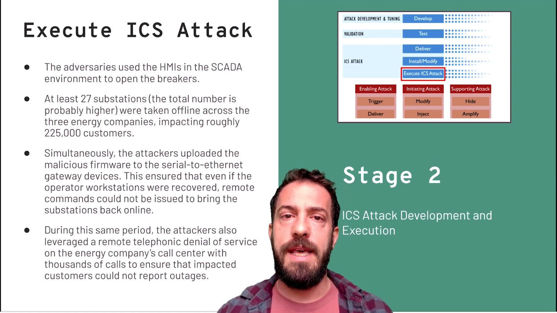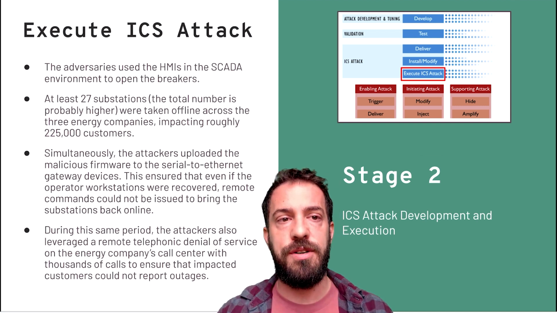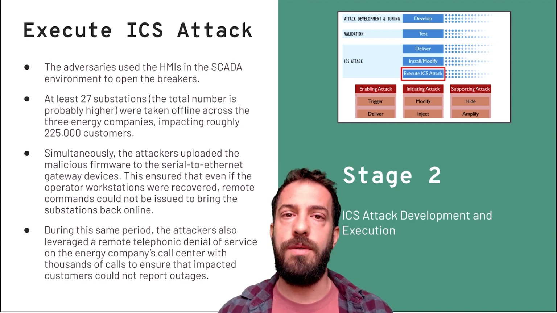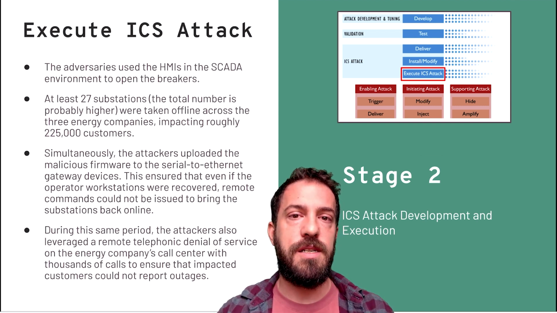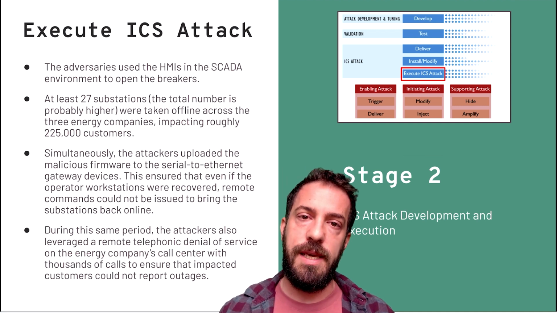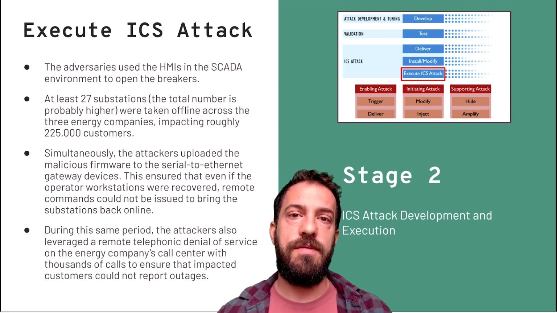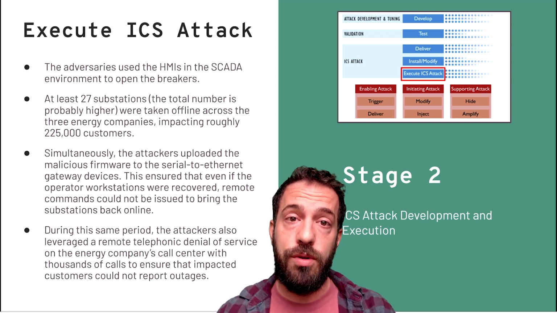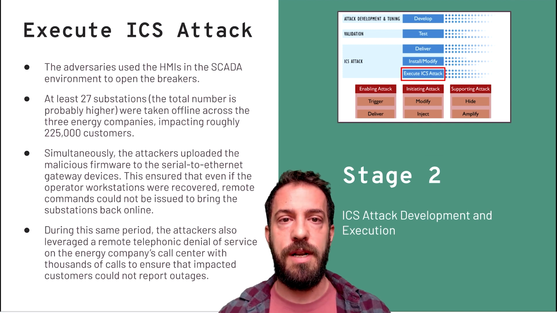But it could also be that the attackers just wanted to increase frustration of the customers, decrease confidence in the company and increase unrest within the country, within the regions, by limiting the opportunity for the customers to talk to the company, ask what happened and get some information about the outage.